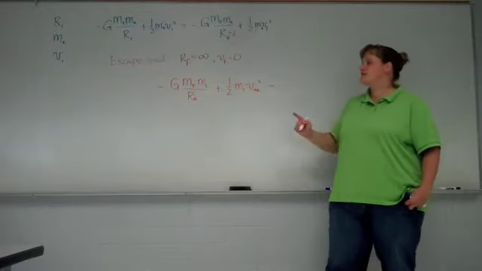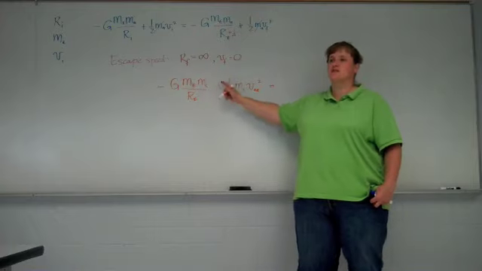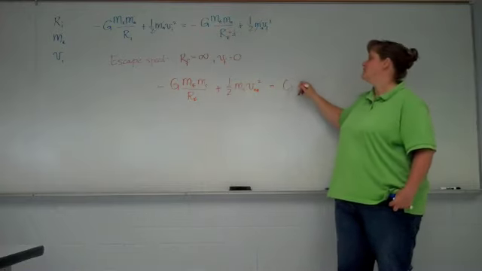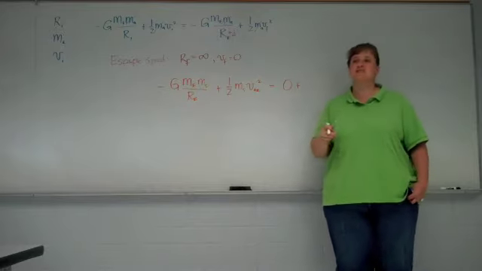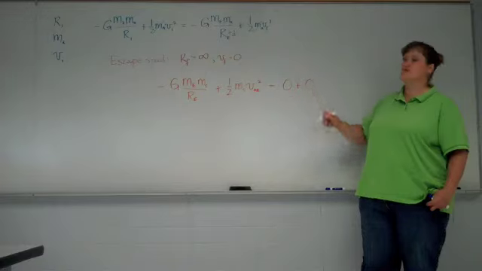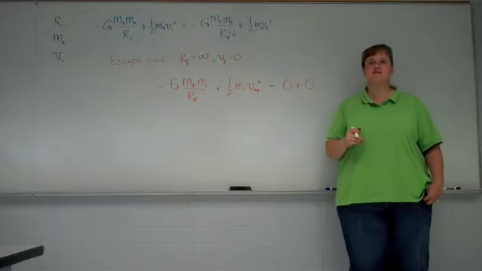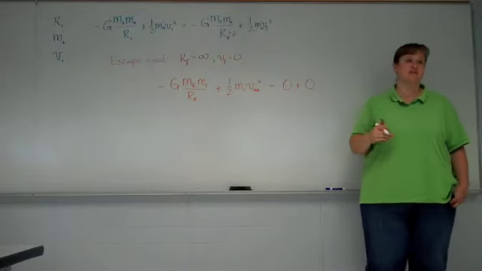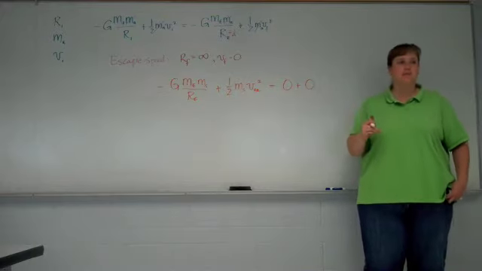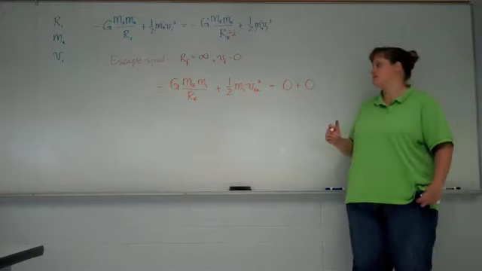If r is infinity, what happens to our potential energy equation? It goes to 0. Since escape speed means the minimum amount of energy to get you out there, it's not leaving you with any energy left to do anything, so it's not particularly helpful. This is just the absolute minimum speed you'd have to travel.